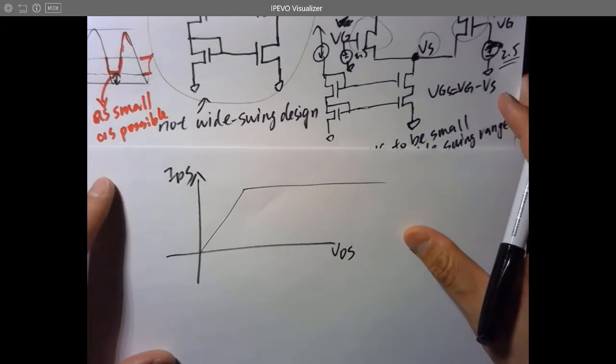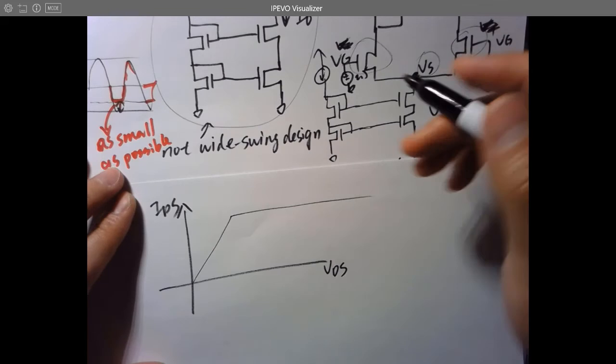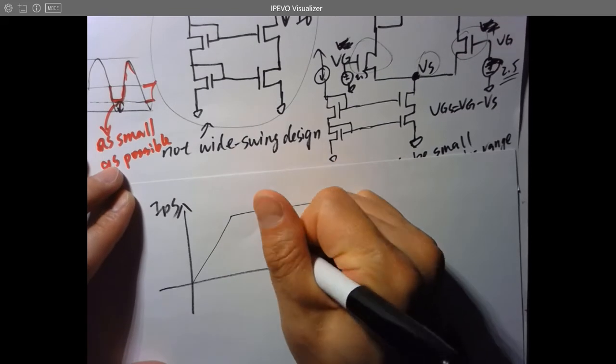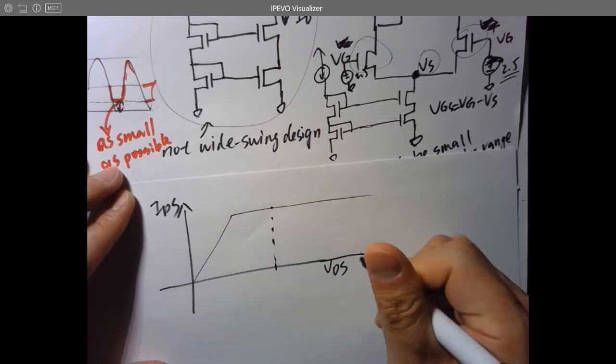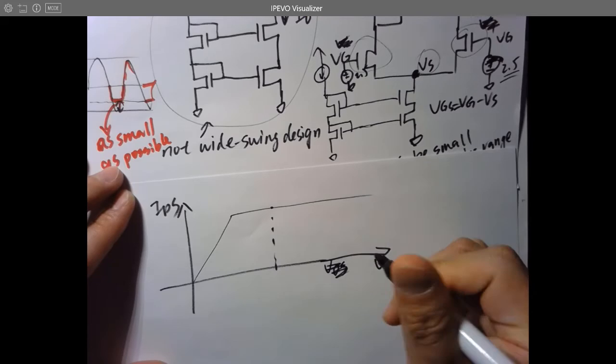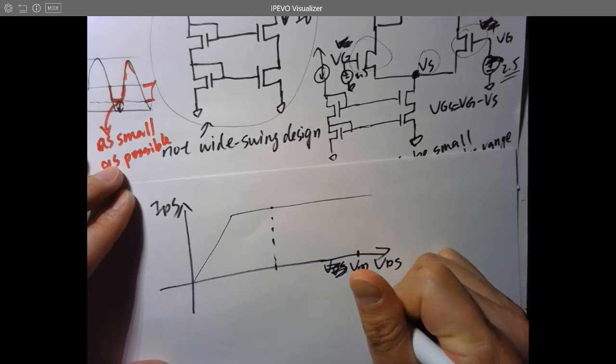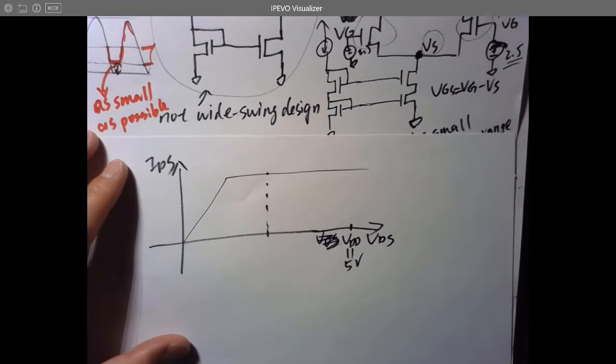If you bias these two transistors at this point, and for example, here's VDD, 5 volts. That's the upper limit, the top rail.